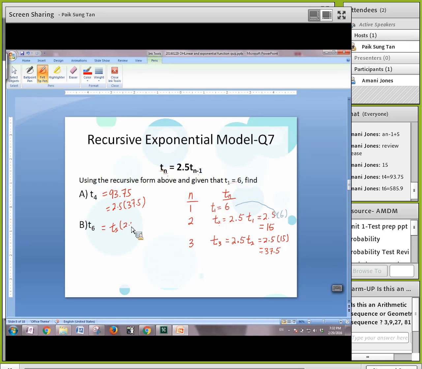And T6 is T5 times 2.5. And you should get 585.9375, but you can do 585.9 or 586, depending on the choices that you have in your answers. Good. Got this part. Let's see the next one.